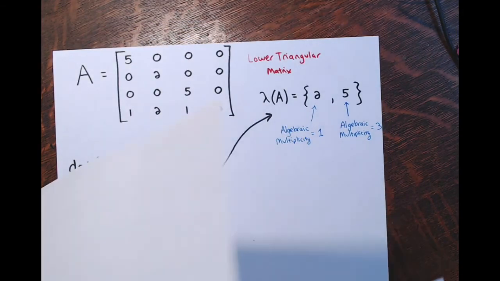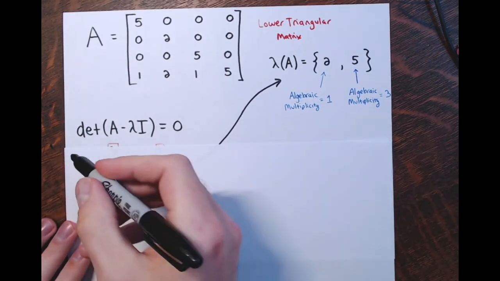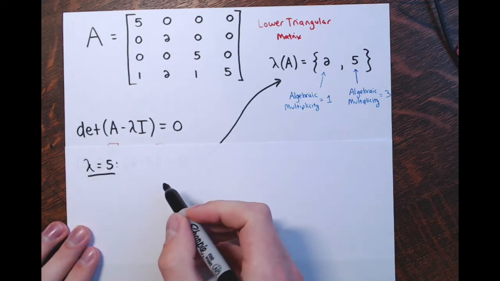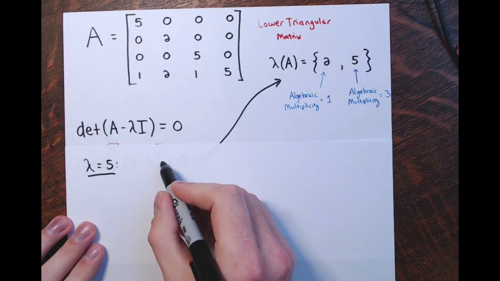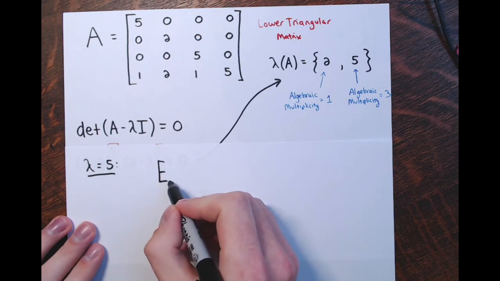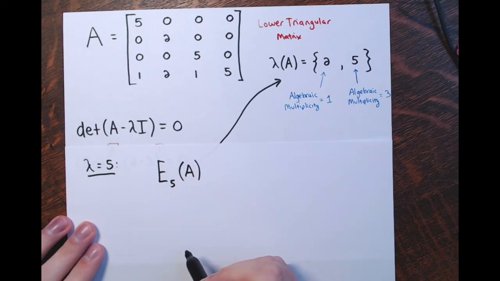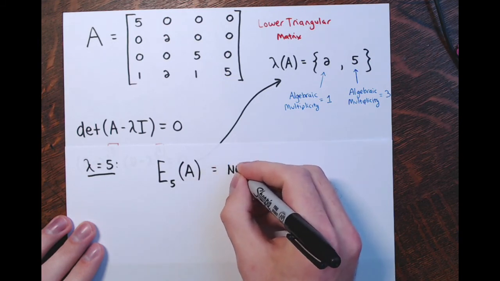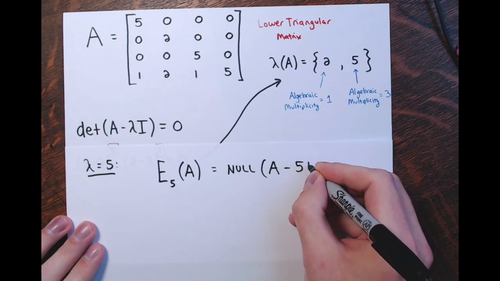Okay, so now for lambda equals 5. So again, we're finding what's the eigenspace of A corresponding to lambda equals 5, or the null space of A minus 5I.